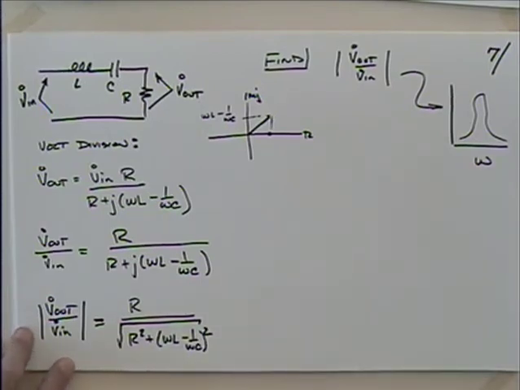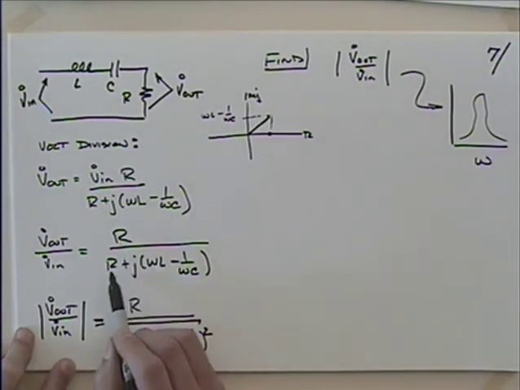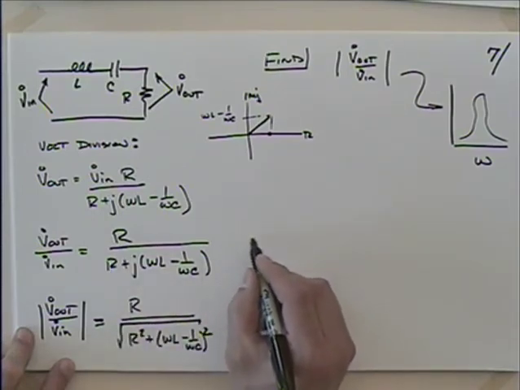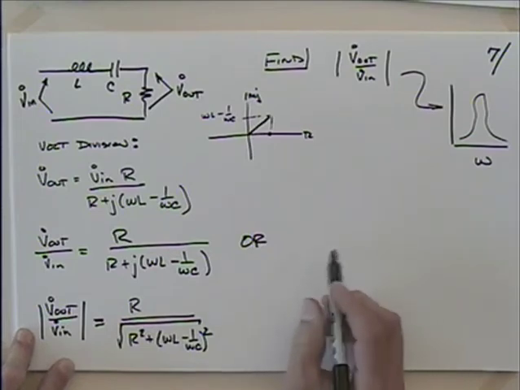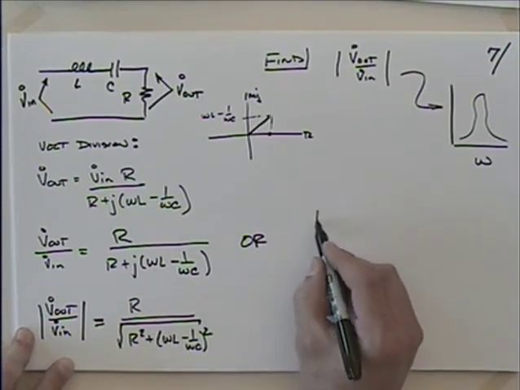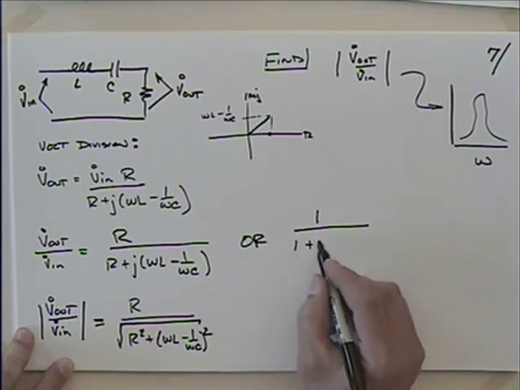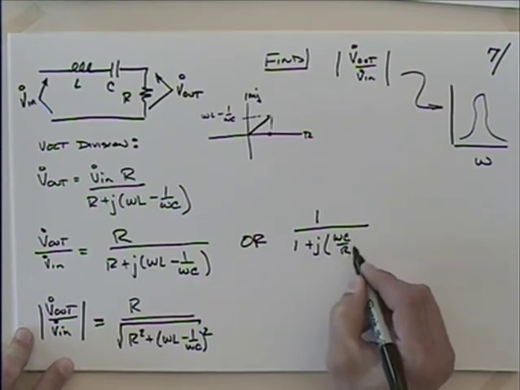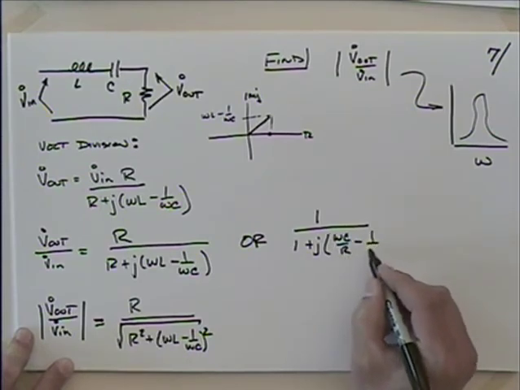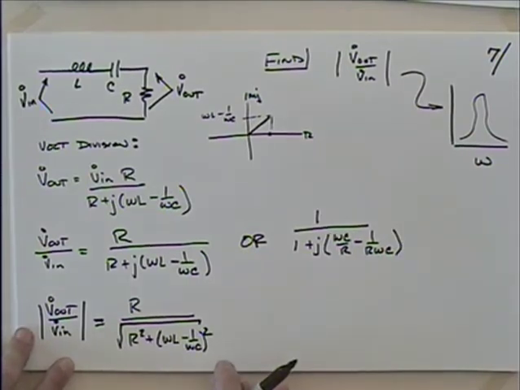Okay? Now, someone might come along and say, I really don't like that R in there. I've got an R here and I've got an R there, so I think I could do better. So I'm just going to put an R here. There's nothing wrong with the work that we did, but maybe you'll see someone write this as 1 divided by 1 plus j times omega L over R minus 1 over R omega C. Is that possible?